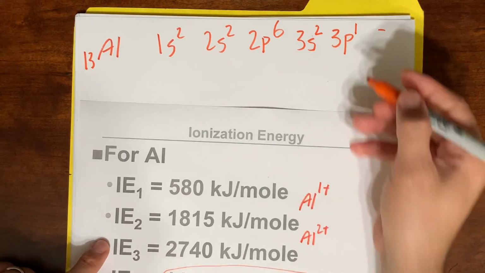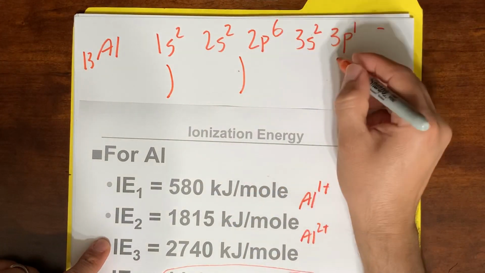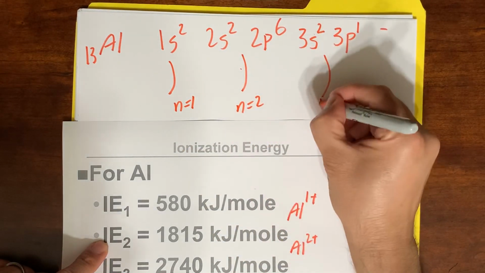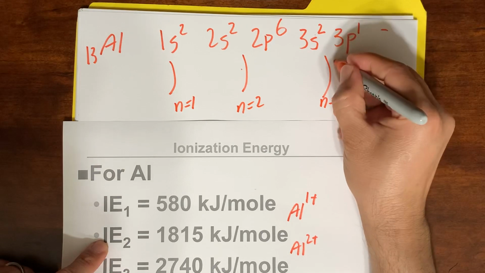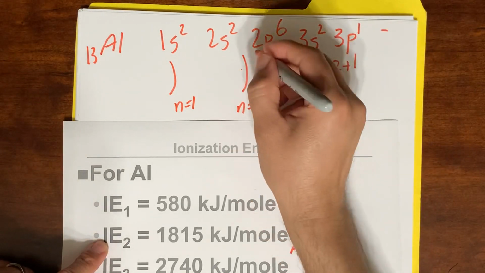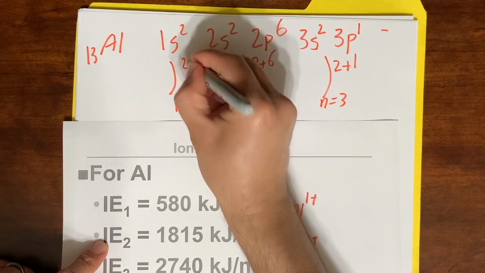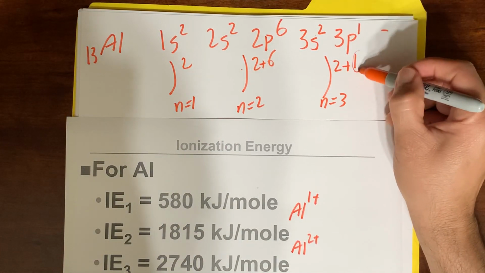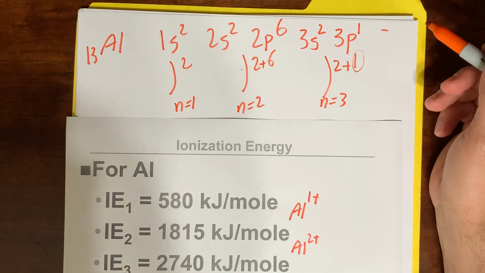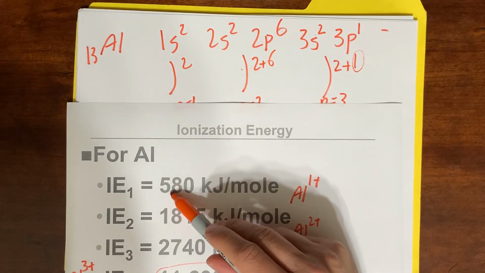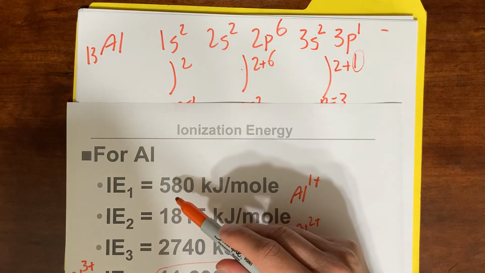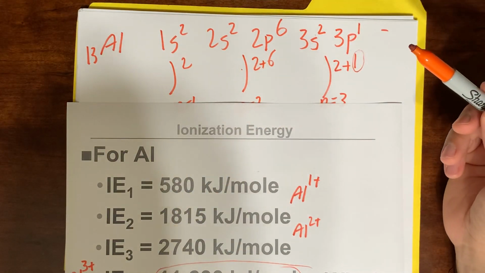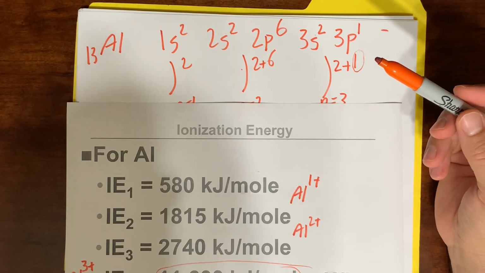So the first electron will be from the p orbital. This is going to be the first electron we will target, and it's charging us 580 kilojoules per mole.